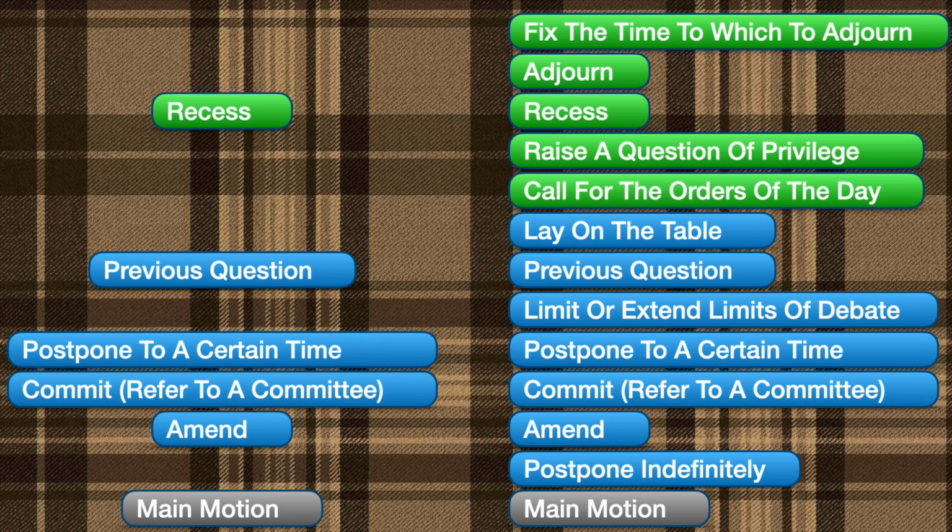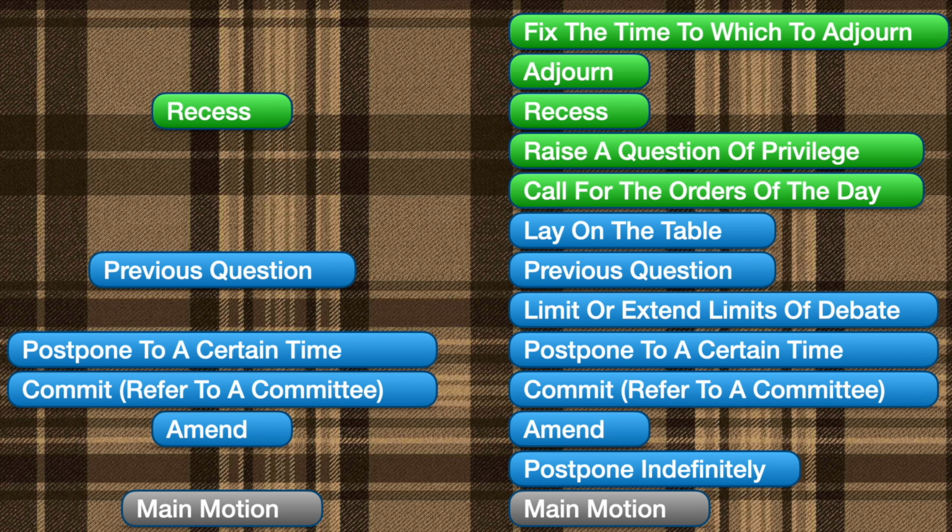Now there is another subtle detail to understand here. Since recess is the highest ranking pending motion, we know that it is the immediately pending motion, and we know that no motion is in order that ranks below recess. However, the motion to recess is amendable, so a motion to amend is in order if it applies to the motion to recess.